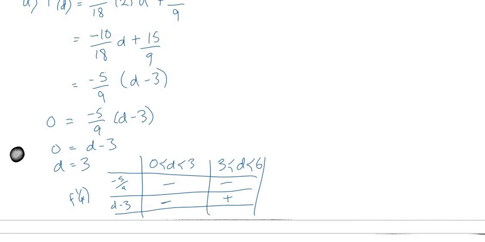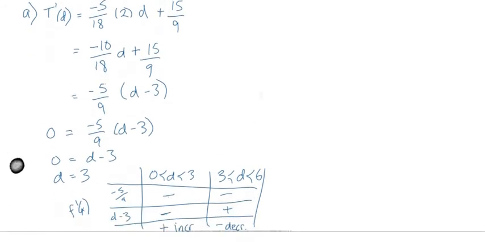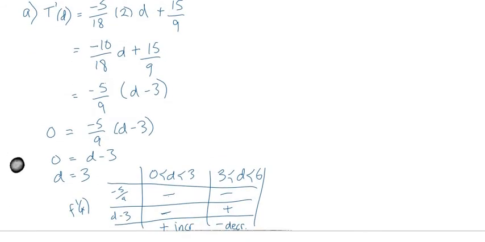So for the first part, negative times negative is a positive, so that's going to be increasing. And for the second part, negative times positive is going to be negative, which means it's going to be decreasing. So now we've definitively shown where it's increasing and decreasing. Last thing we like to do is summarize what they're asking for.